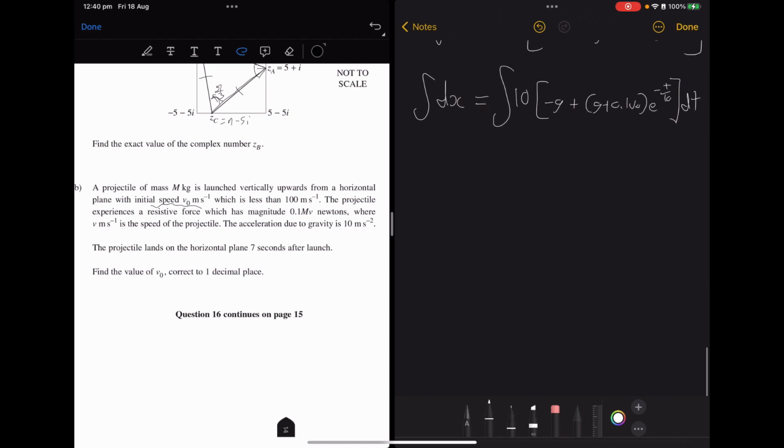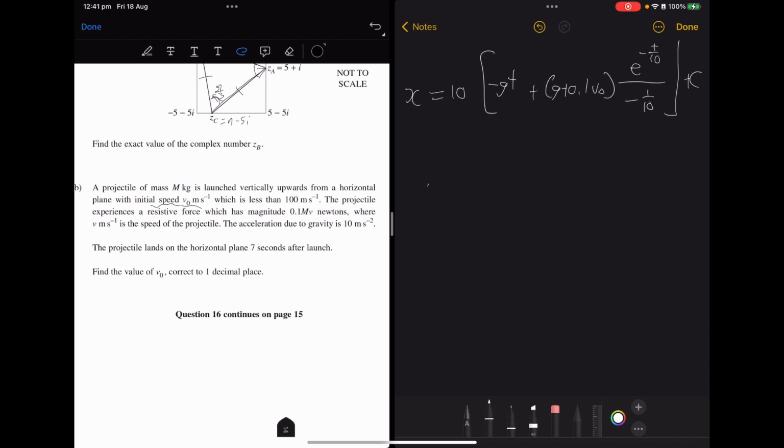Therefore, that's going to give us x equals 10 times (negative gt plus (g plus 0.1 v naught) e to the negative t over 10, all divided by negative 10), and this entire thing plus c again.